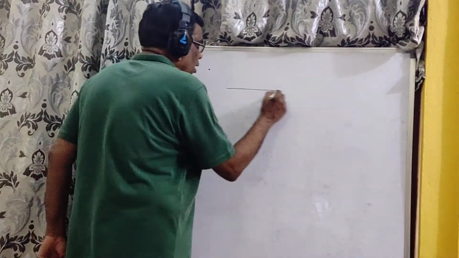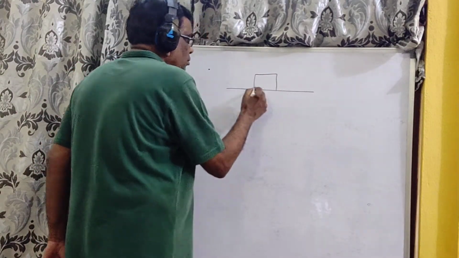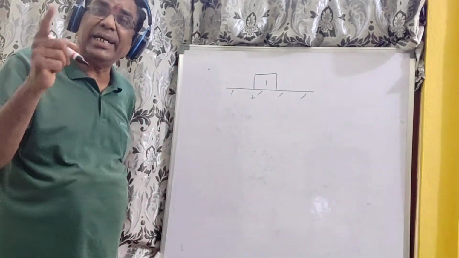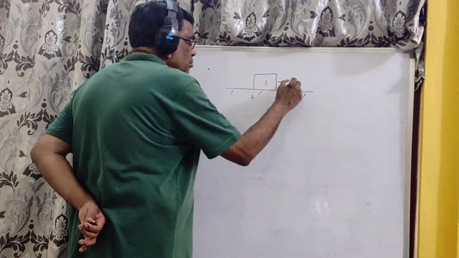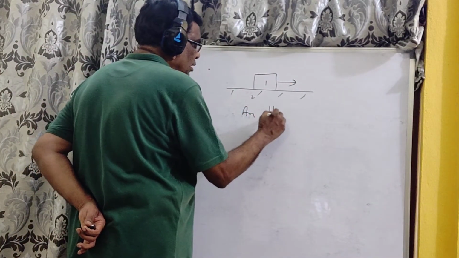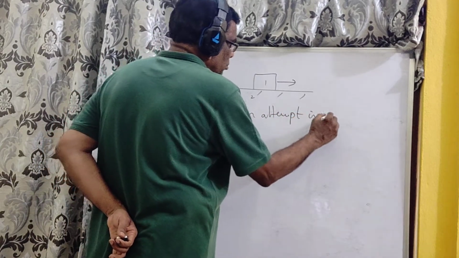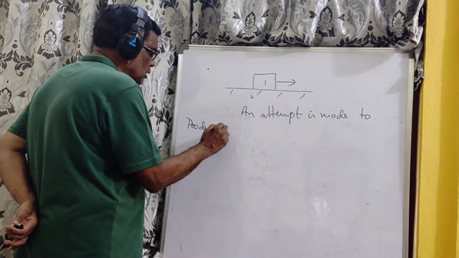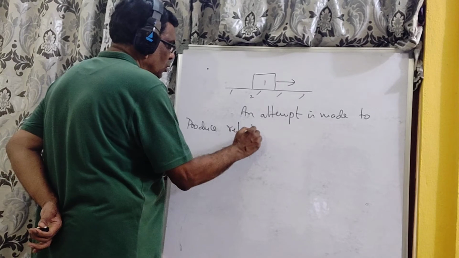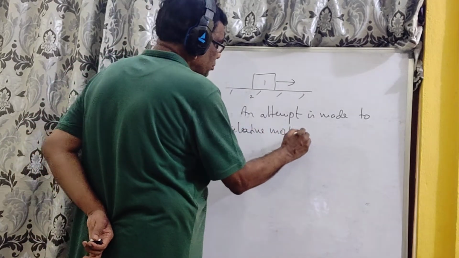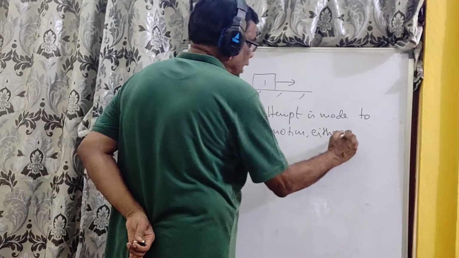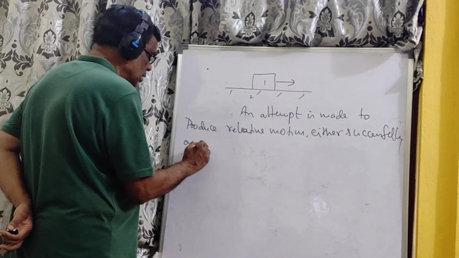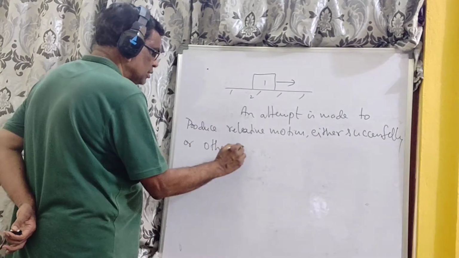Whenever, see, there are two surfaces. One, two. Whenever an attempt is made to produce relative motion, either successfully or otherwise.